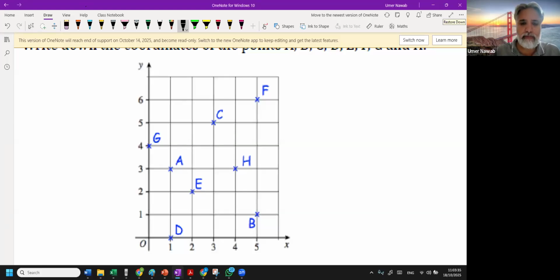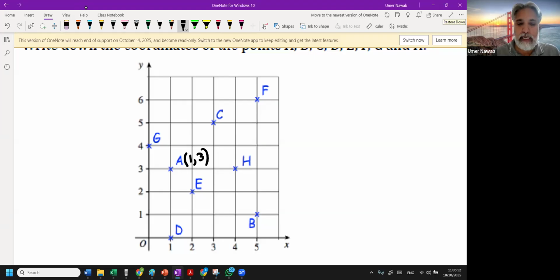Excellent. Yes, why not? First of all, the coordinates of A: he has gone 1 unit right, and then 3 units up. So the coordinates of point A are (1, 3). 1 is the x coordinate and 3 is the y coordinate.